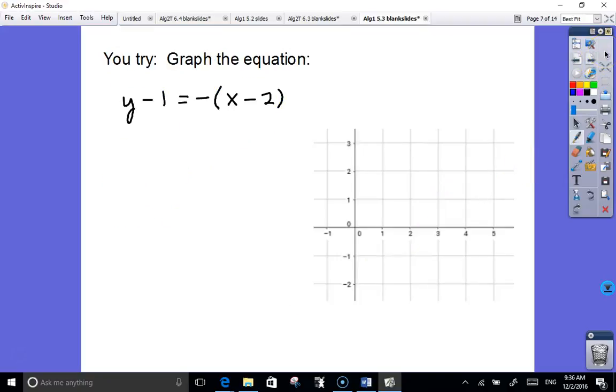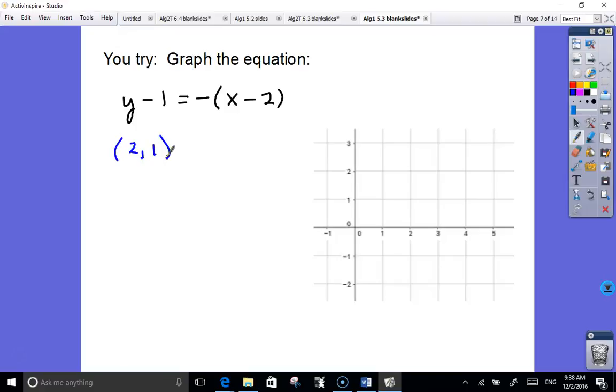So try to do the same thing here. Figure out what the point is and what the slope is. Graph a line. Okay? What's the point? 2, 1. The point is (2, 1). Remember, the minus is part of the formula. So it says x minus 2, that means positive 2.